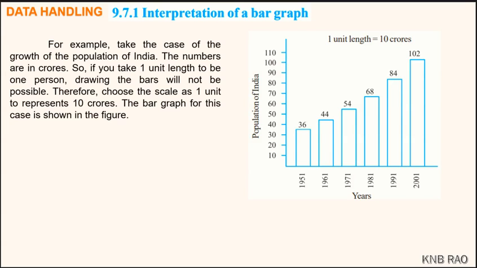Therefore, choosing the scale as 1 unit length as 10 crores is convenient, and you could see in this bar graph from 1951 till 2001, the growth of population in crores drawn. This bar graph is called a vertical bar graph because bars are parallel to the vertical axis.